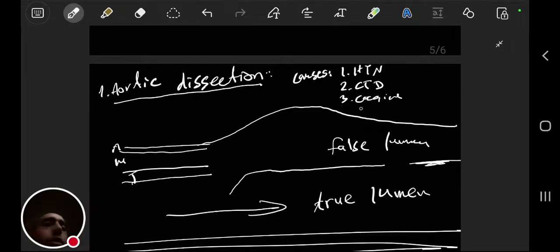Arteriopathy, for example bicuspid aortic valve, weightlifting, and other things like sudden deceleration injury.